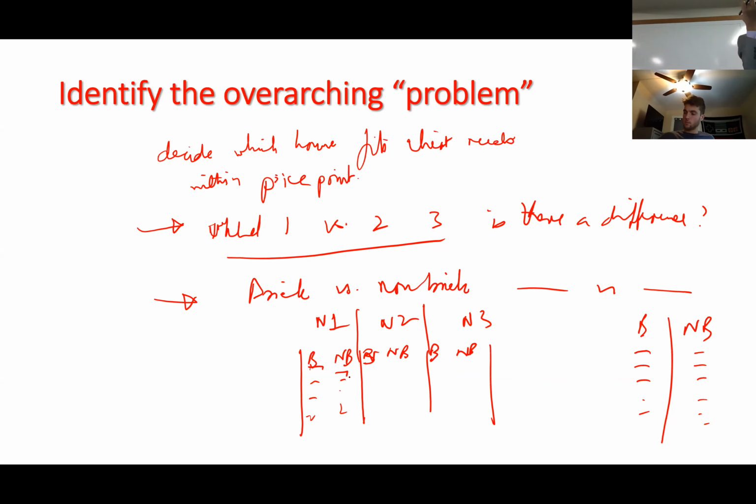Bedrooms alone is a very easy standpoint from a conceptual model. But if I see that a brick house in a certain neighborhood and a non-brick house in a certain neighborhood have, let's say, very similar pricing, that now becomes the choice of the client in terms of whether the client is looking for a brick or a non-brick house.